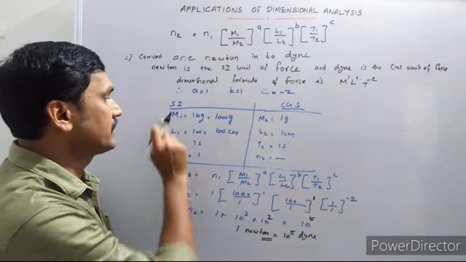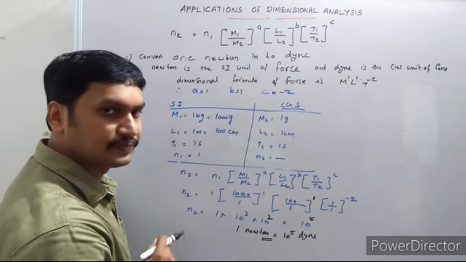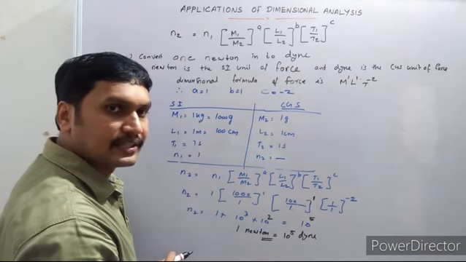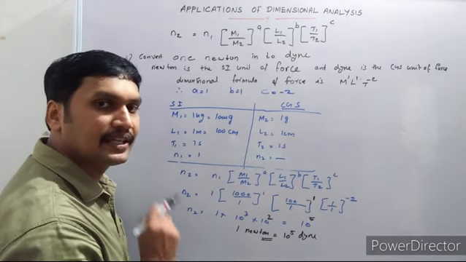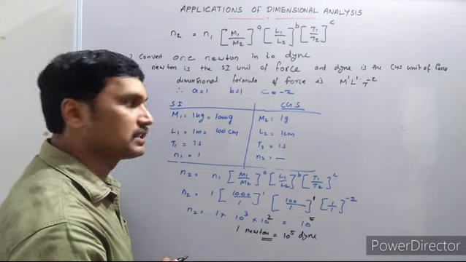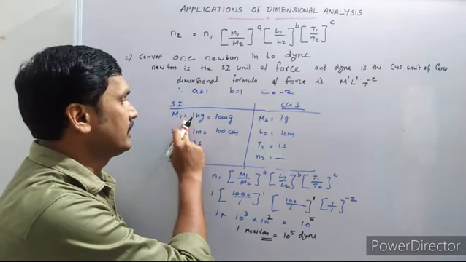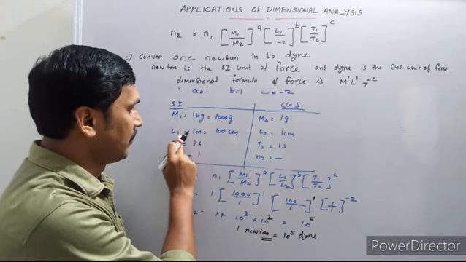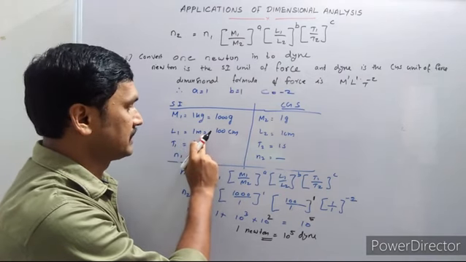Now let us find what M1, M2, L1, L2, T1 and T2 are. M1, L1 and T1 are the sizes of the units of mass, length and time in the SI system. M2, L2 and T2 are in the CGS system. M1, the unit of mass in the SI system, is 1 kilogram, equal to 1000 gram. L1, the unit of length, is 1 meter.